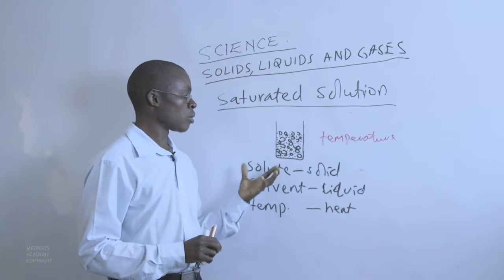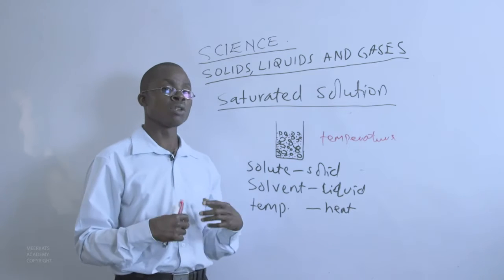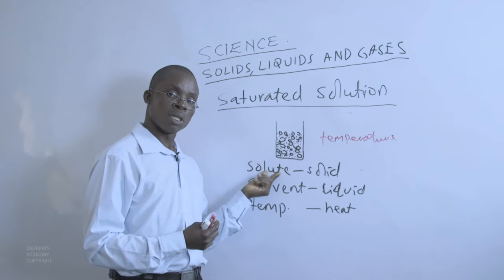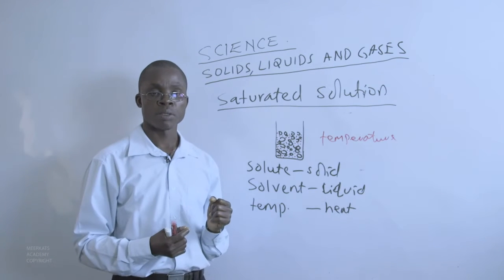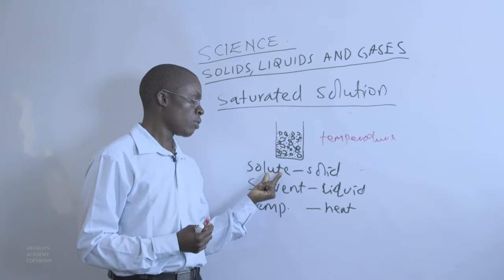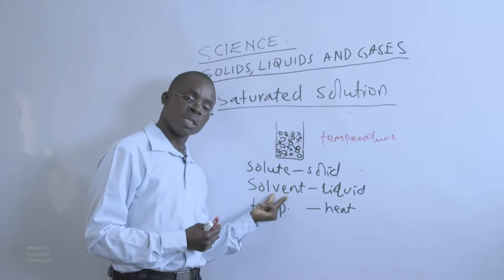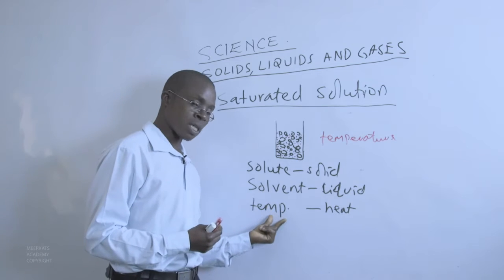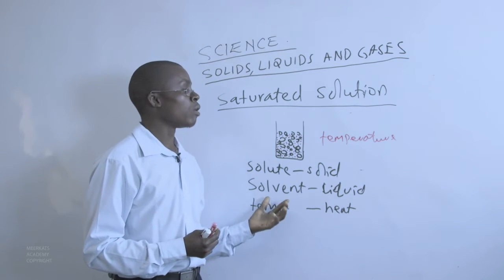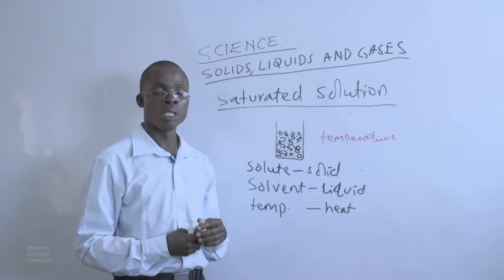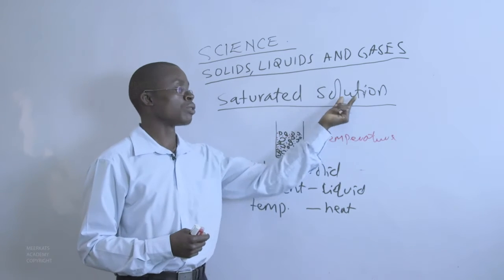So when defining solubility, a saturated solution, you have to look at the solubility of the solute in a particular solvent at a particular temperature. Why a particular temperature? Because variation in temperature will always vary the solubility of a solute in a solvent to give us a solution.